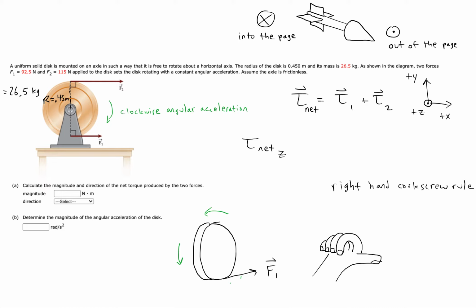Now, the fingers represent the way that your object is twisting. Alright, so these would be like the forces on the particles. But the thumb represents the torque.